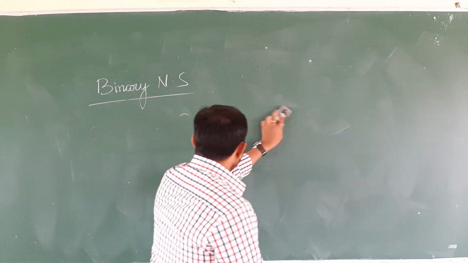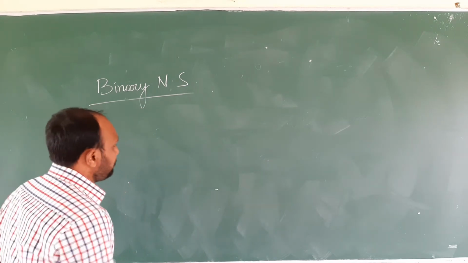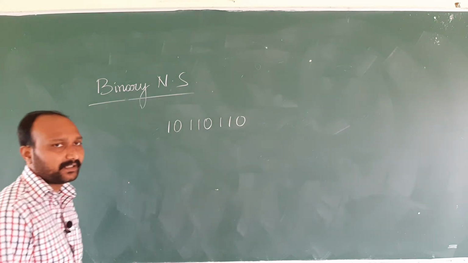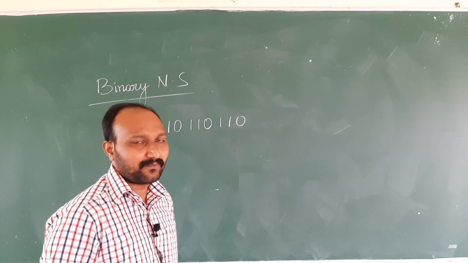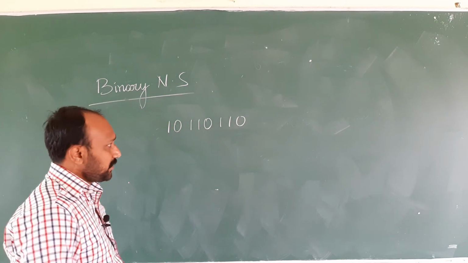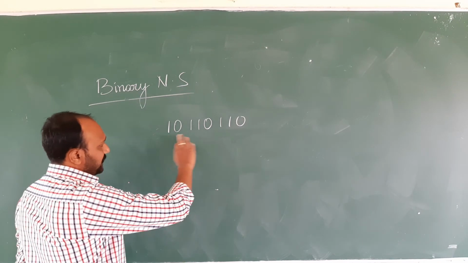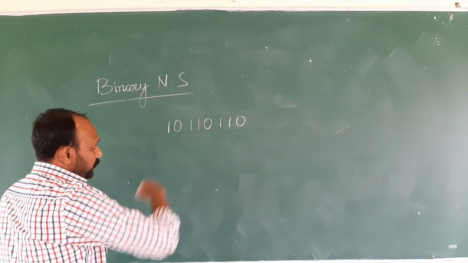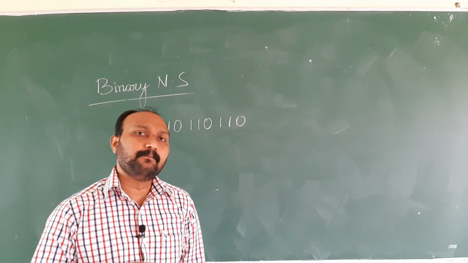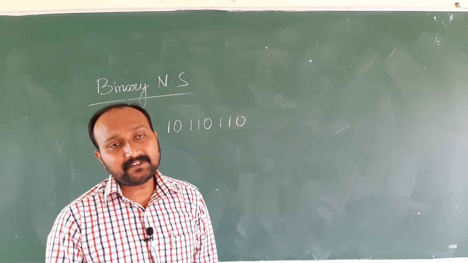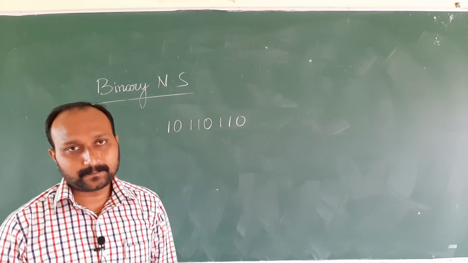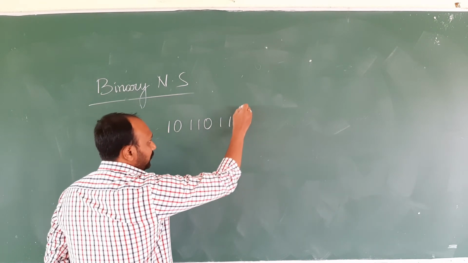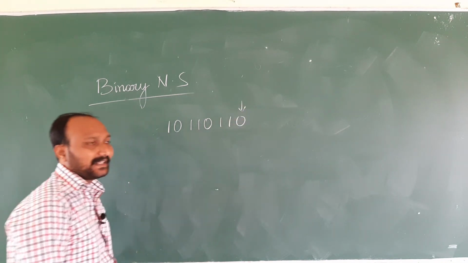Okay. So let me consider a binary number here, 10110110. This is the particular number. See, a sequence of zeros and 1, or a sequence of bits, we have used here. As I told you, in binary number system, each symbol is referred as a bit. Among these bits, which particular bit is carrying the highest value and which is having the least value? Here, the rightmost bit will be carrying the least value.